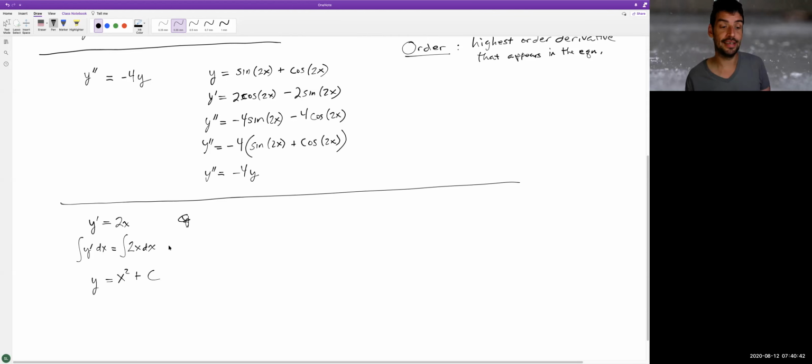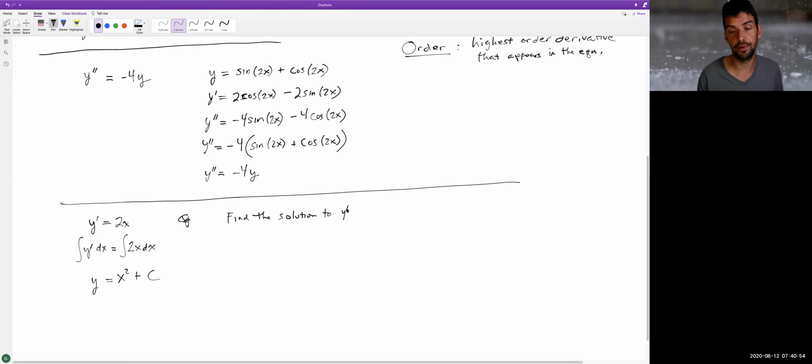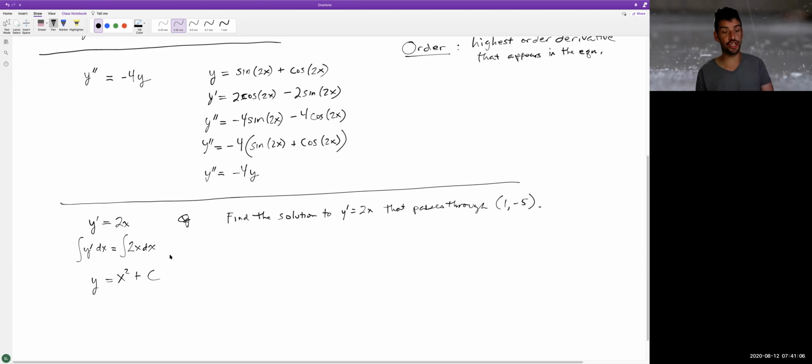So a typical problem might be something like: find the solution to y prime equals 2x that passes through (1, -5), right? So now we already have the general solution.